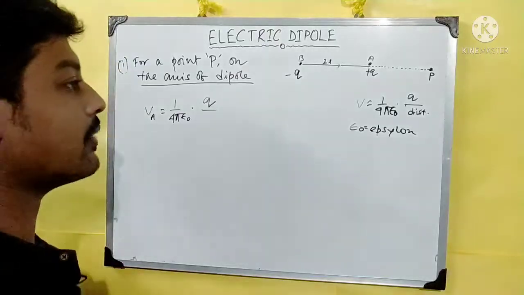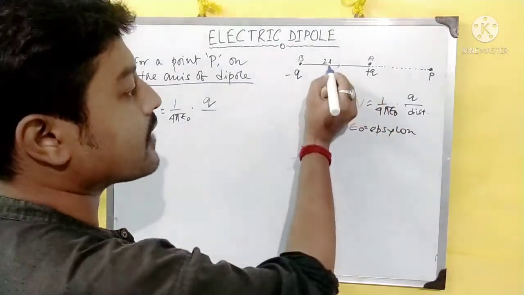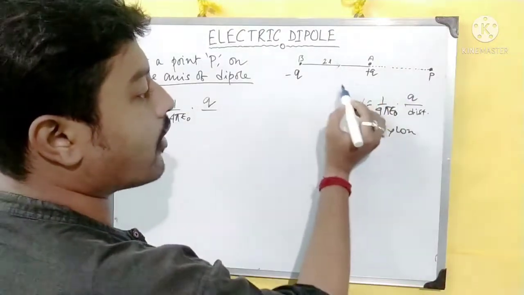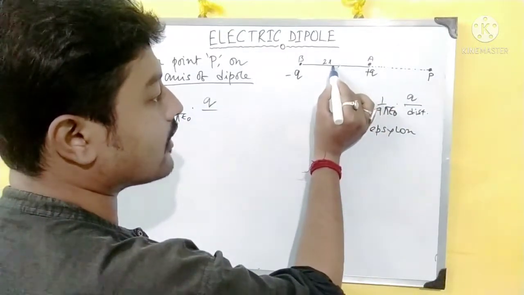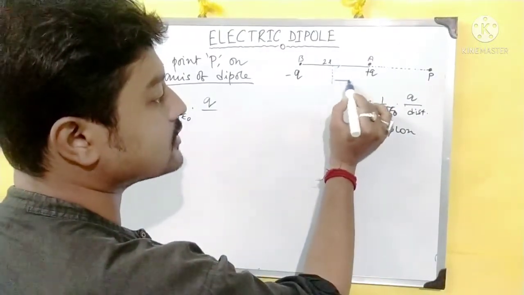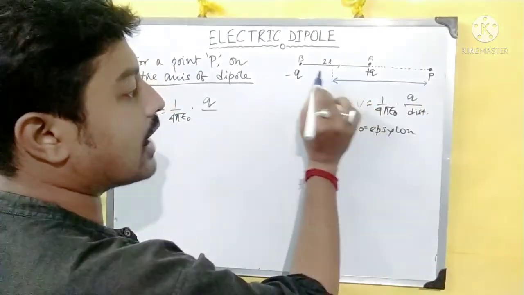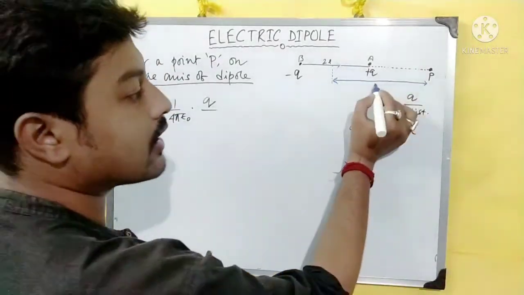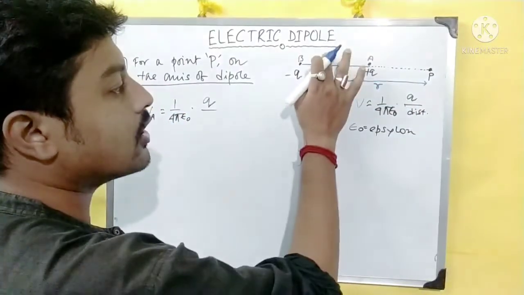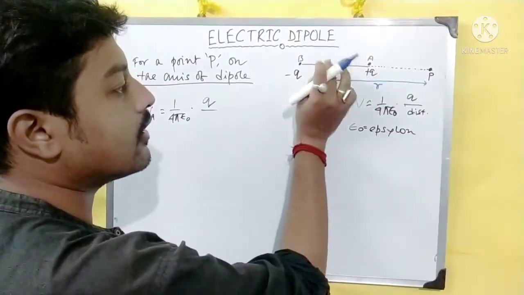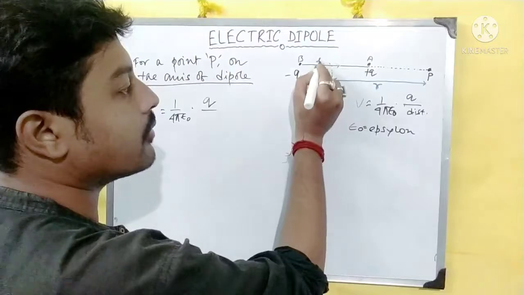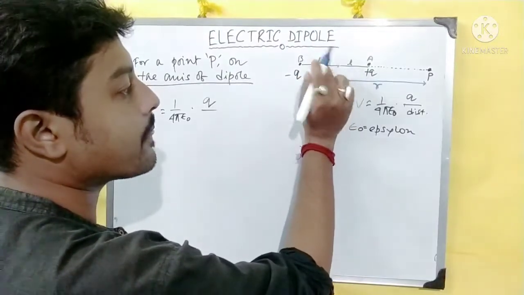What are the distance dimensions for this diagram? Let's say this point P is placed at r distance from the center of the dipole. So this part will be L, this part will be L.